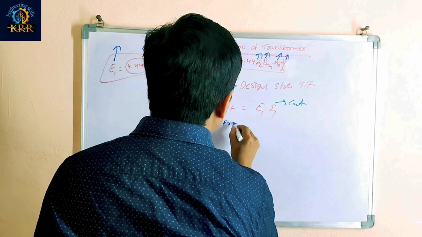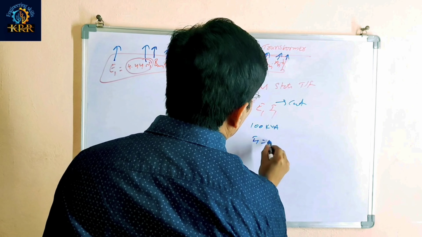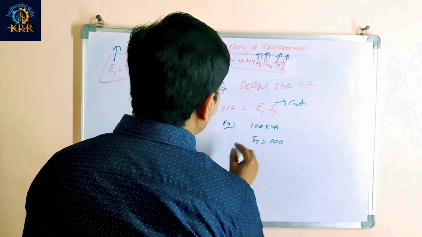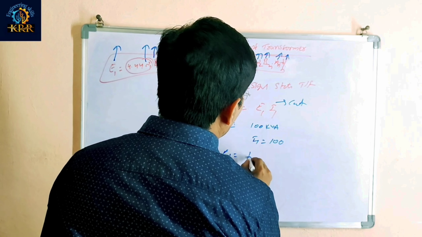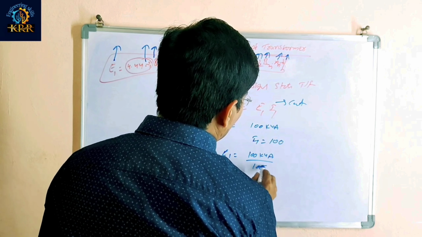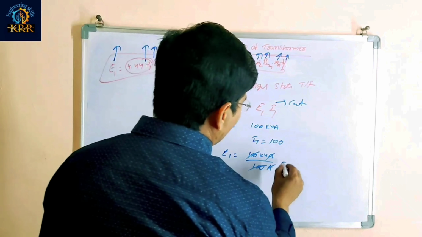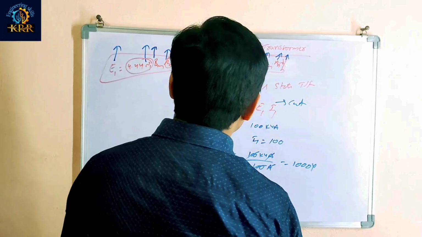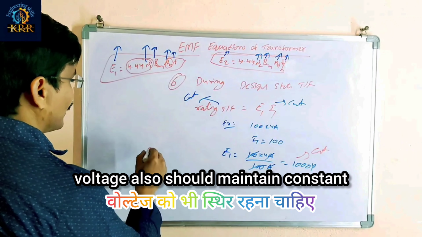Suppose, for example, this is a 100 kVA transformer, and I1 is 100 amps. Now E1 is equal to 100 kVA by 100 amps. The A gets cancelled. How much will we get? 1k, means 1000 volts. Voltage should also be maintained constant.